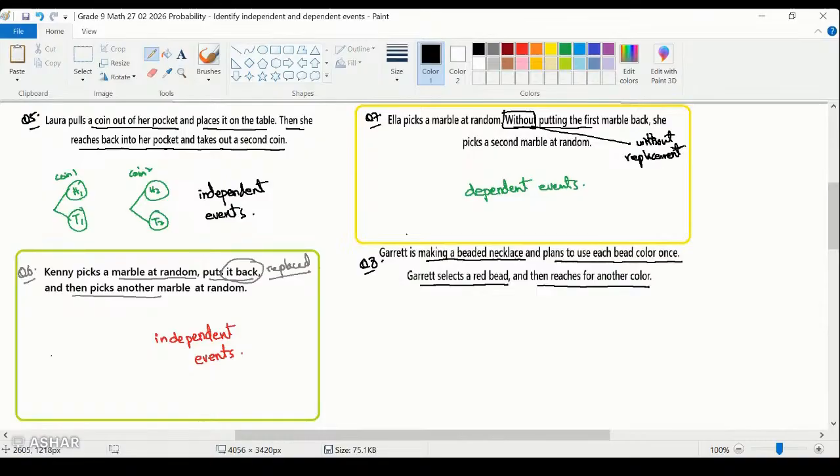So if rather than red, he chose a blue, then he cannot choose a blue, right? He has to go for another color. In this case, he chose a red, then he cannot go for a red, right? Because they're saying each color is to be used once only. That means the selection of the first color will affect the selection of the second color, right? So we can say these are dependent events, because selection of first color affects the selection of the second color, because first color cannot be repeated.